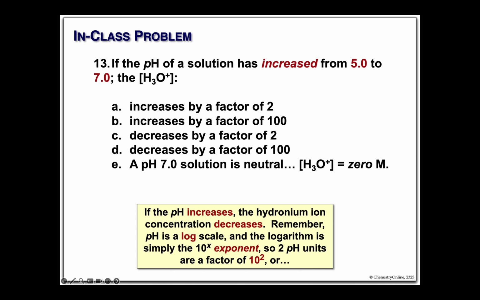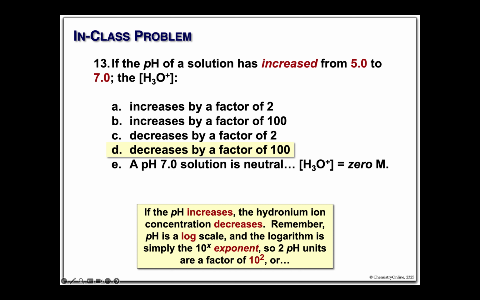Secondly, pH is a log scale. We're talking about the exponent here, 10 to the x. We have changed it 2 units. Therefore, the exponent is 2. 2 pH units, factor of 100, decreases by 100.